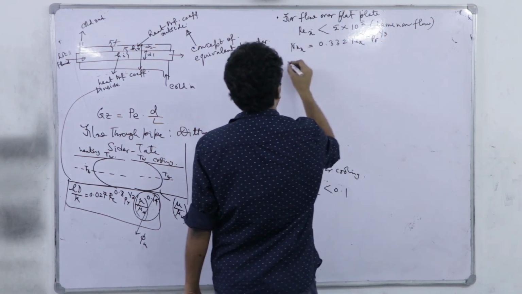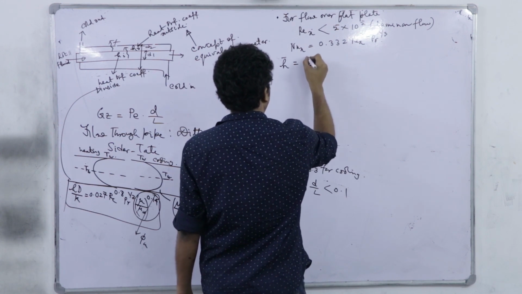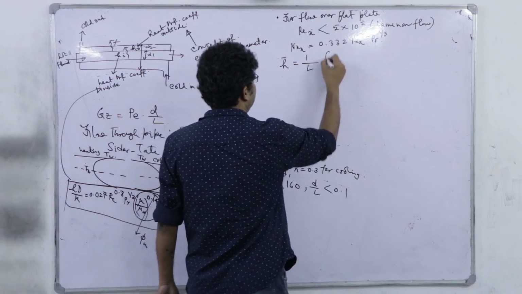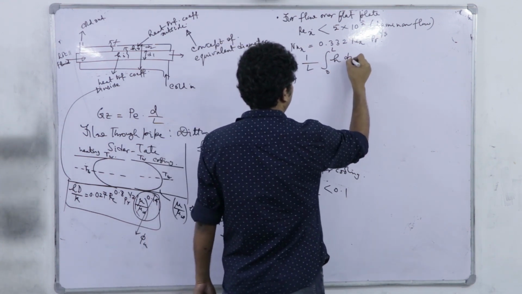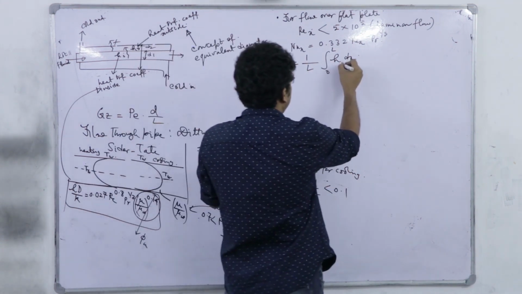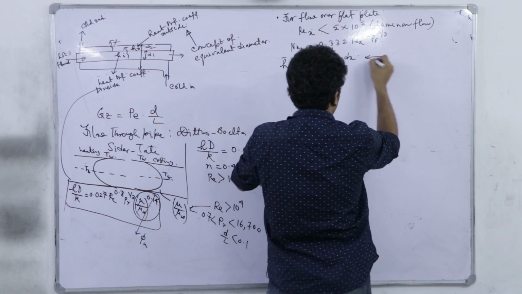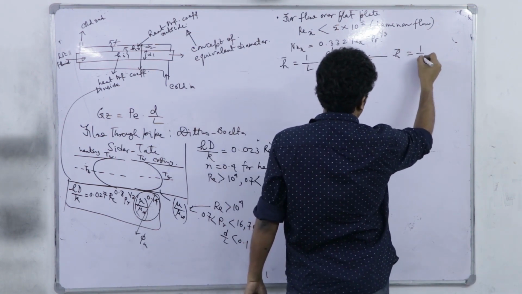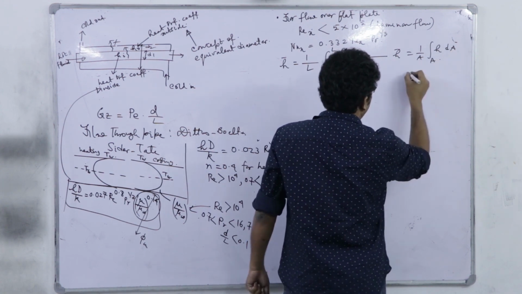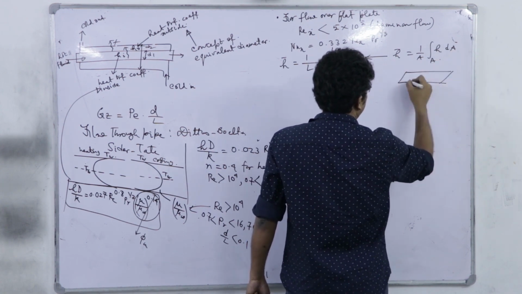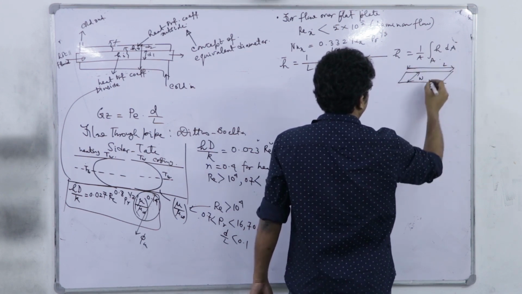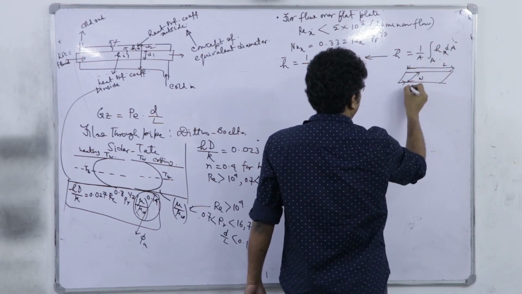1/3. So if I average it out, I will get h bar as 1 divided by L, integral 0 to L h into dx, right, because this is simply an outcome of the first formula whatever we have discussed, 1 by A integral h into d area average over A. Because for a flat plate, if it has got a width W and length L, h is varying along x.